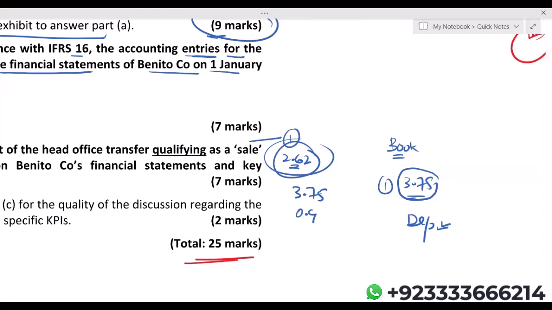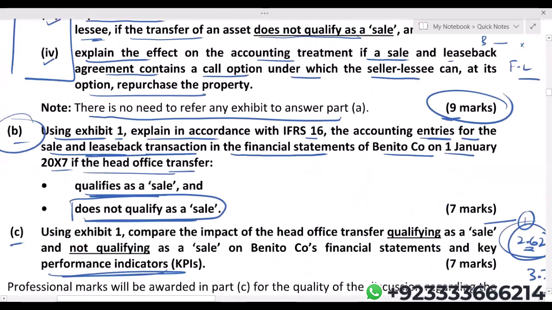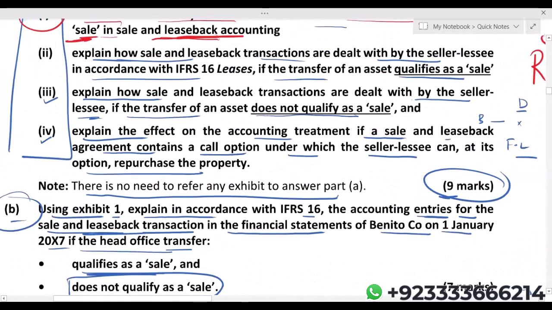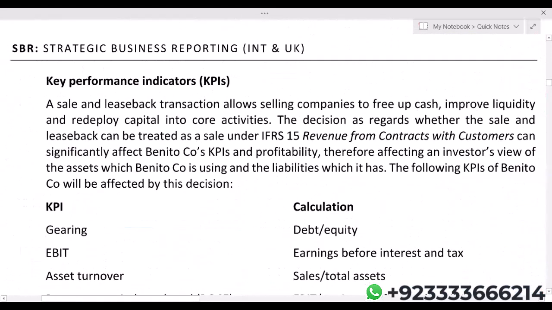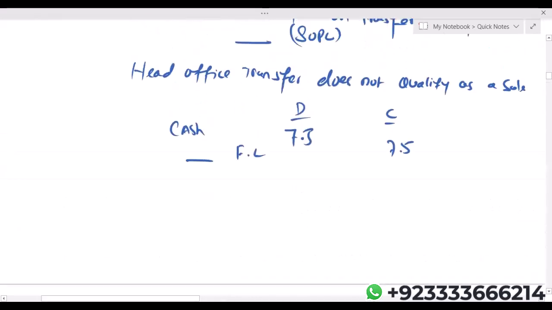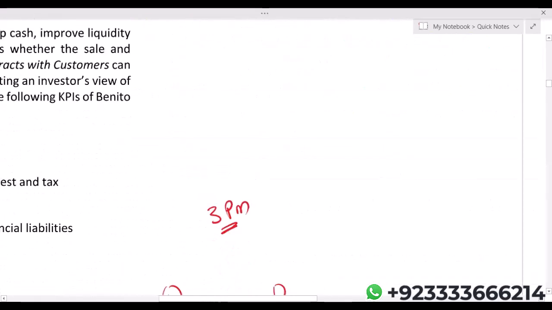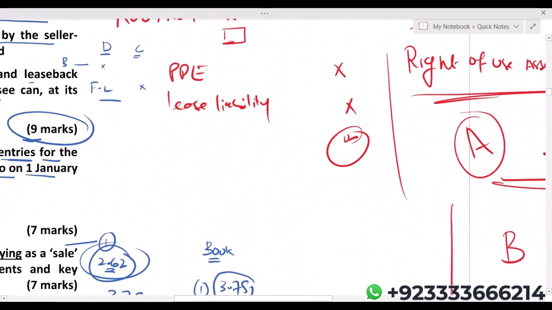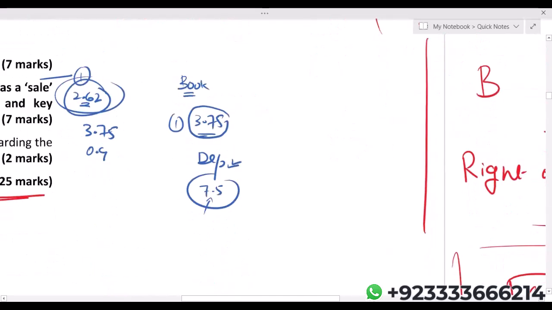Another point. On entire 7.5 million, I think asset was sold for 7.5. Entire 7.5 million is treated as a lease obligation, as a financial liability.